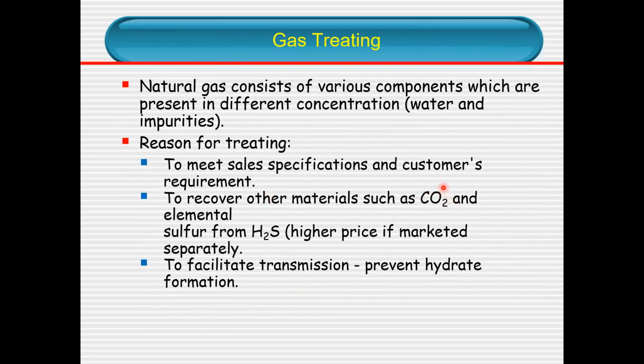If you have too much CO2 as well as H2S, the term used when you have too much H2S is sour gas or sour oil. When you have too much H2S, your oil becomes cheaper. It is also not safe to inject this back into the well. So you must treat this gas before it is sold.